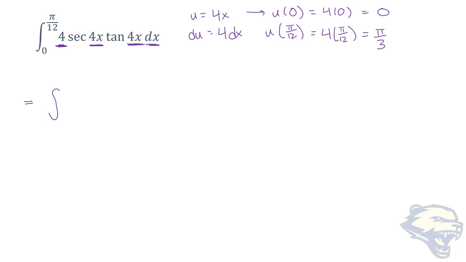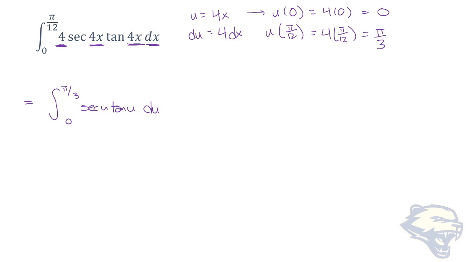All right, so we are ready to substitute. So the 0 is turning into a 0. The pi over 12 is turning into a pi over 3. The 4 and the dx are both turning into a du, so that 4 in the front is gone. And this becomes secant u tangent u for our integrand. Secant u tangent u. Okay.